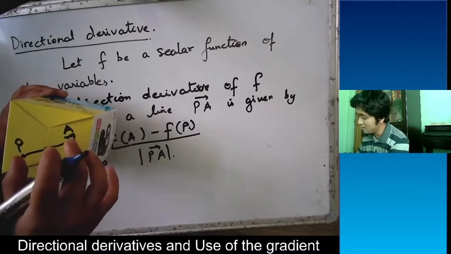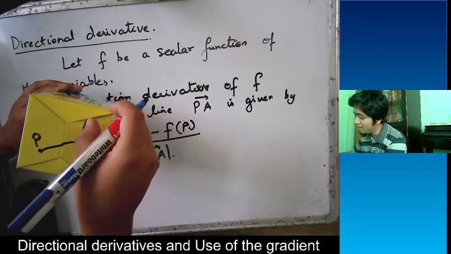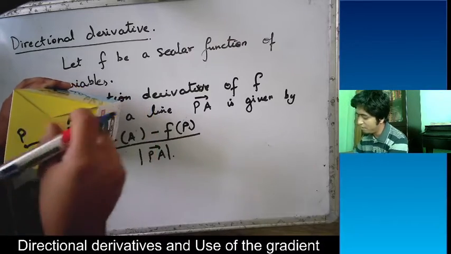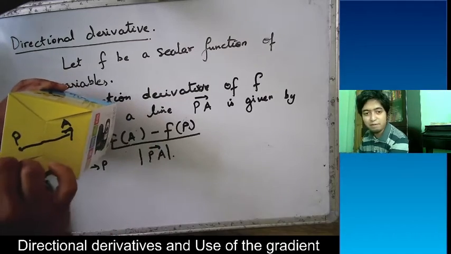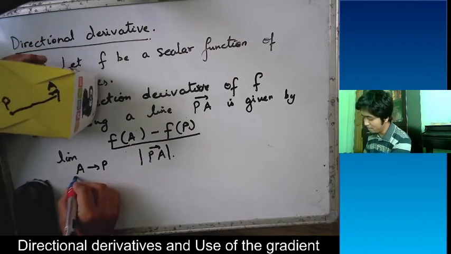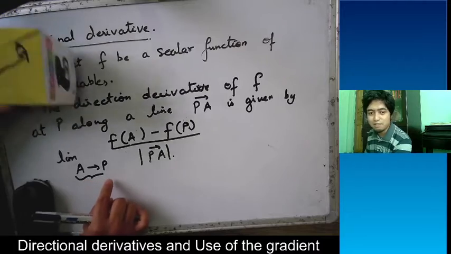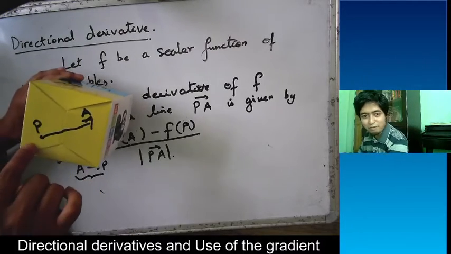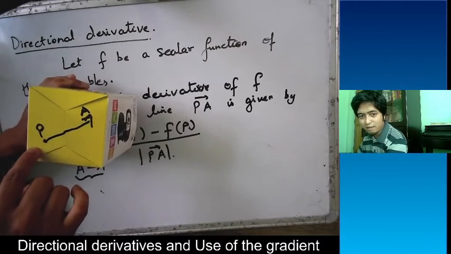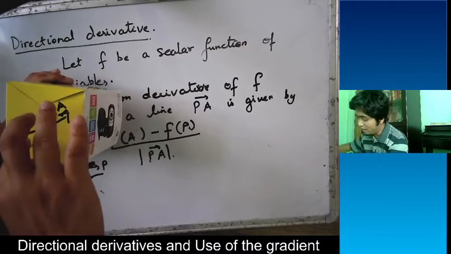By instantaneous change, I mean that A and P should be very close to each other. That is why I am having this limit, A approaches the point P.